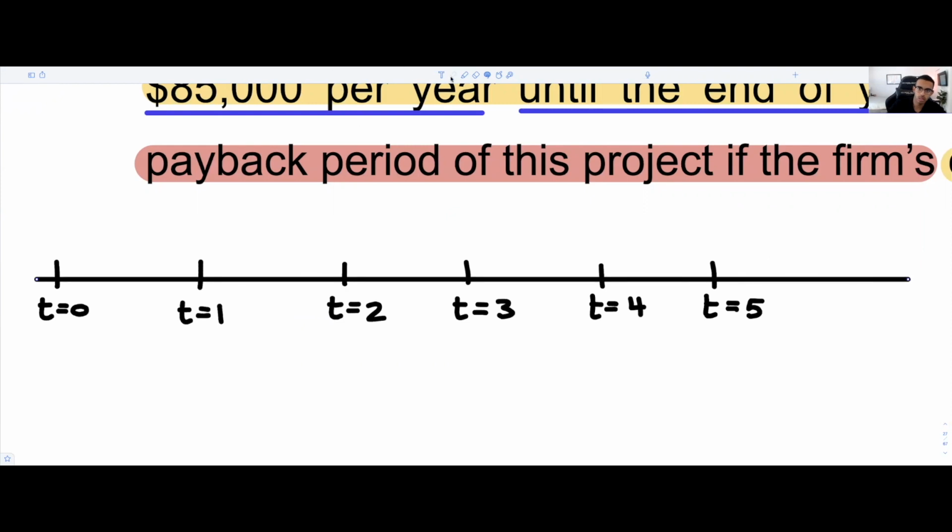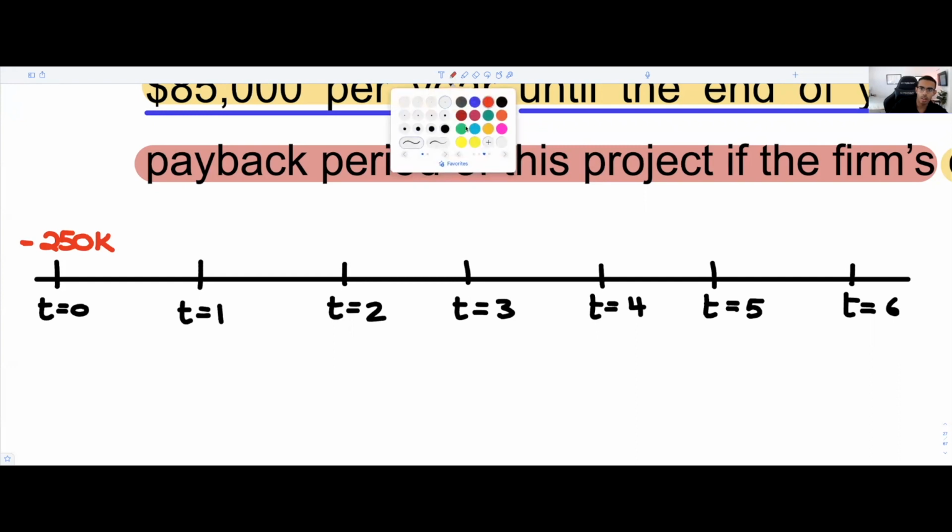Get T equals 6. All right. And we're just going to draw the cash flows for you to really get a sense of what's going on. So we're going to have minus 250K, and then we're going to have 85K every single year.